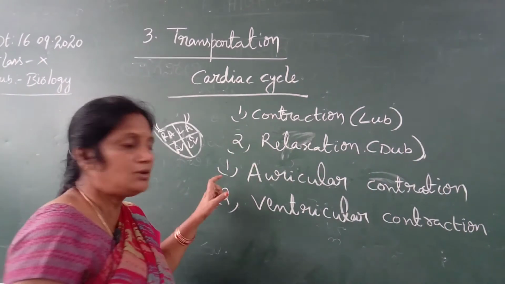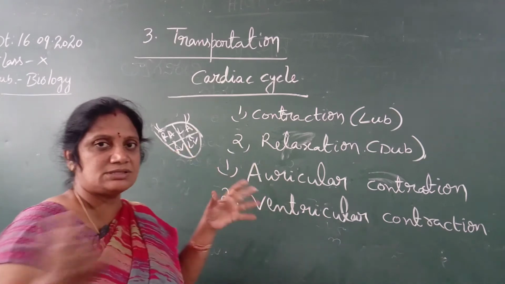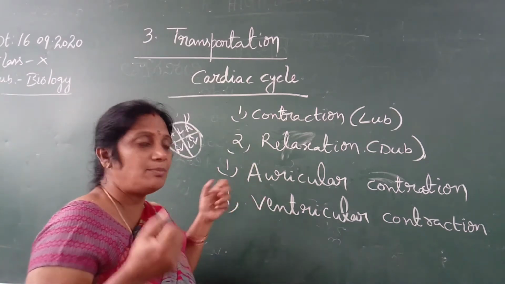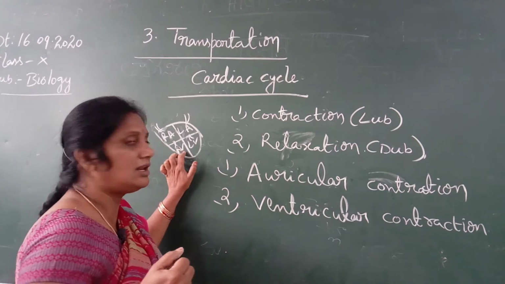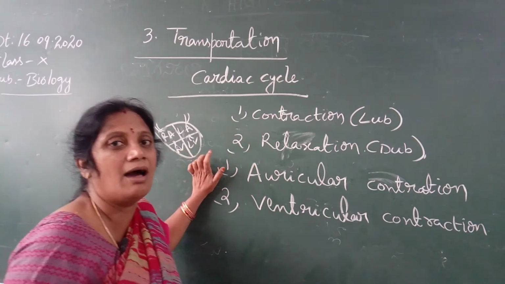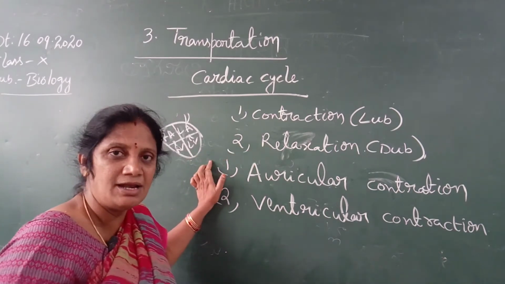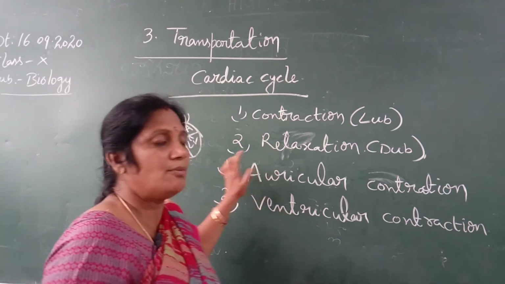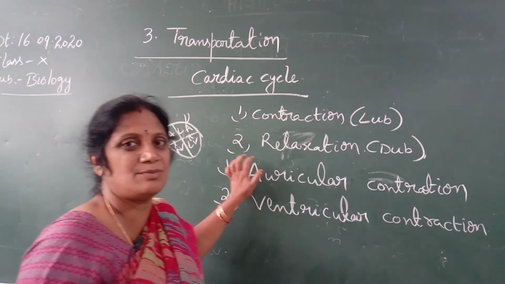During the ventricular contraction, when both ventricles contract, the blood from the right ventricle and left ventricle enters the arteries, the pulmonary artery and systemic artery, through the pulmonary valve and the systemic valve.